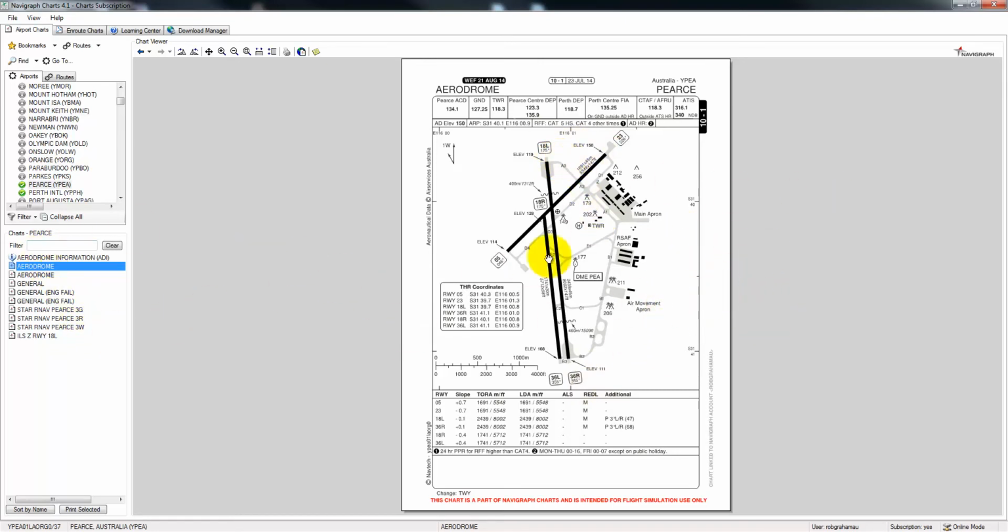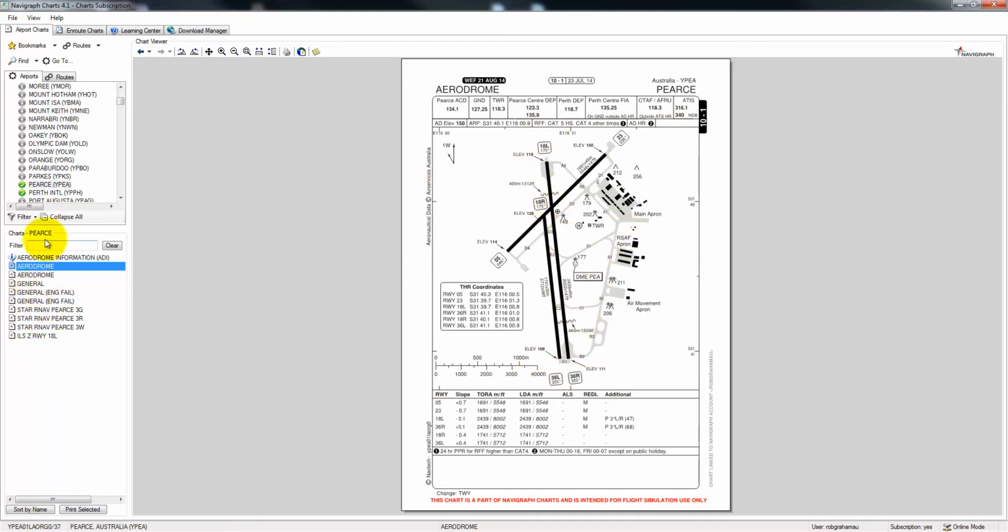If you read through the notes on the charts, which are down here and also available on the AIP Air Services website, there's a big notice saying that you can't fly east of runway 18 left or 36 right. That means you can't fly a left-hand pattern on 18 left. Instead, you've got to fly a right-hand pattern.